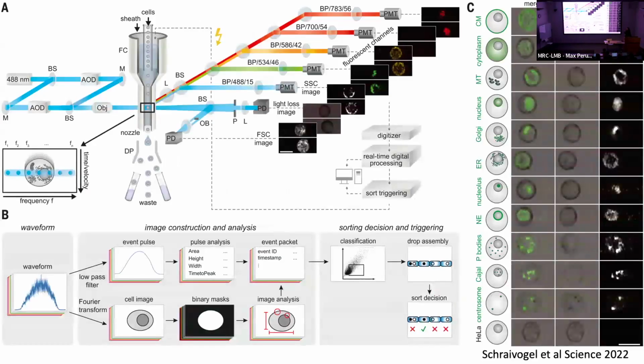This is an image from the paper that was published, and they ended up using this for CRISPR screening. So you can see that the images are not super high resolution. Okay, so that's one thing. There is always a trade-off with these things. But it's pretty incredible that you can sort up to, they say, 15,000 events per second.